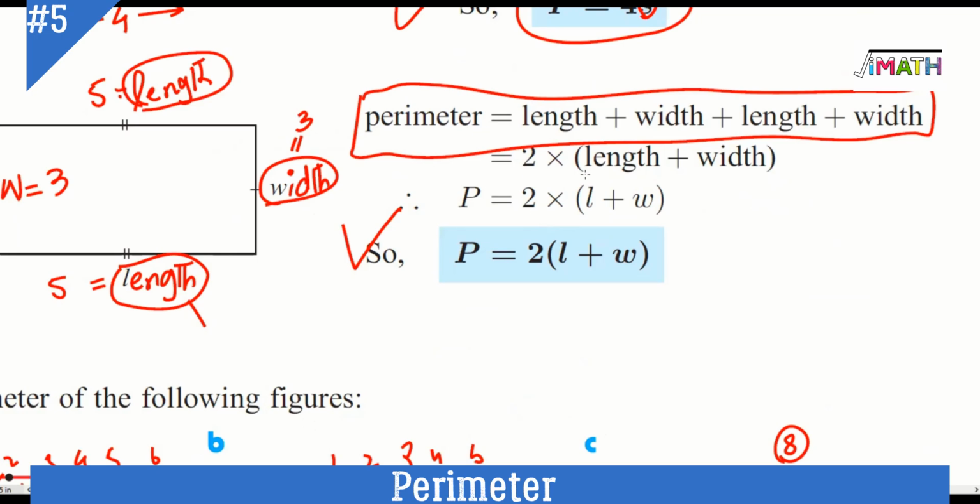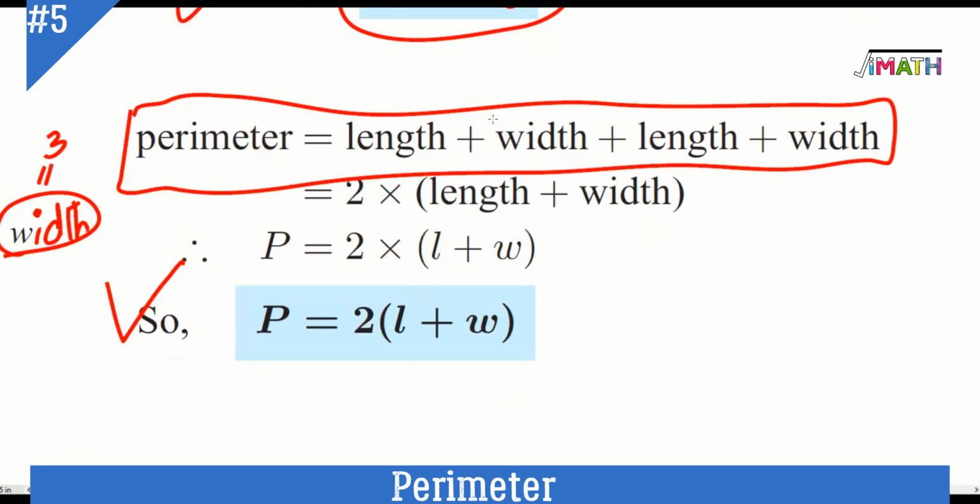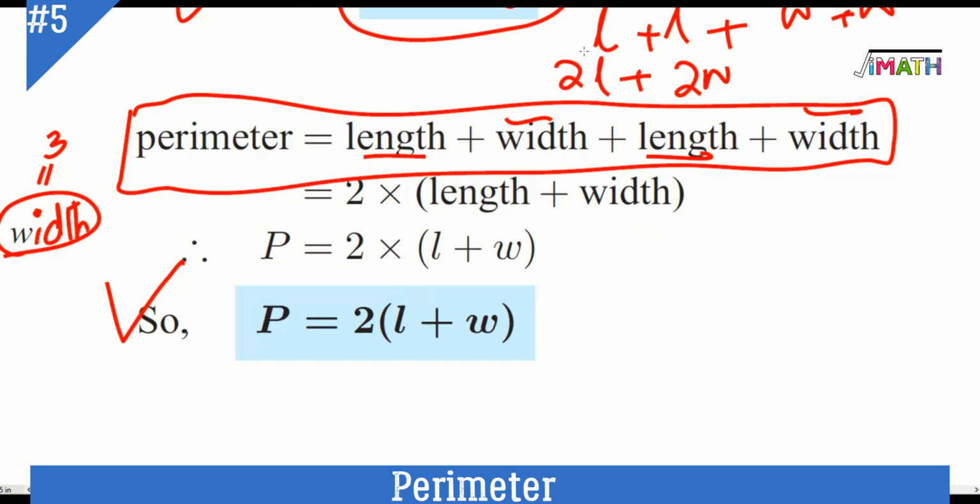So if we manipulate this formula, it's going to be length plus length, these two, plus W, these two. So in other words, we have 2 lengths plus 2 W's, and if we take the 2 common, it's going to be 2 times length plus width.